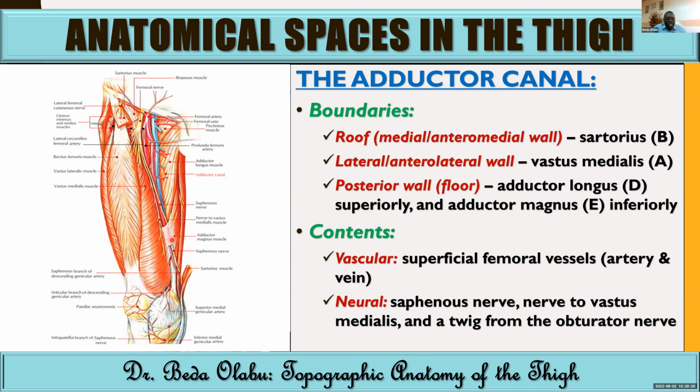It passes through that tunnel as it goes to the leg. We also have the nerve to vastus medialis, also a branch of the femoral nerve that goes to vastus medialis. Then you have a small twig from the obturator nerve. It's also a content of this particular canal. Those are the contents of the adductor canal.